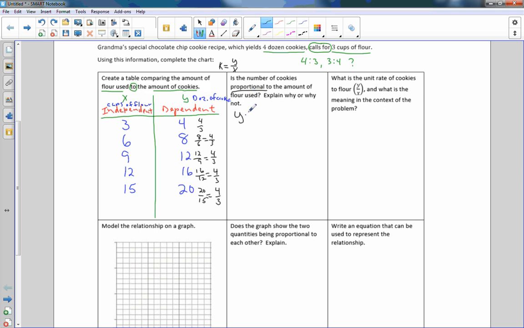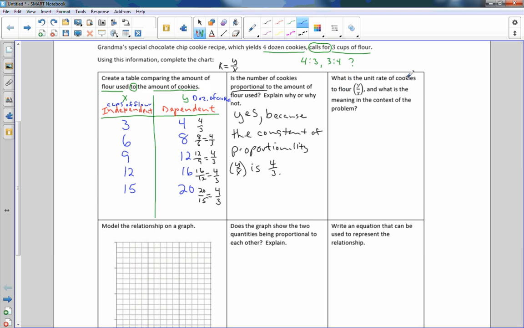So I would say yes, because the constant of proportionality, y divided by x, is 4 over 3. Okay, we have a constant of proportionality, so therefore it is proportional.